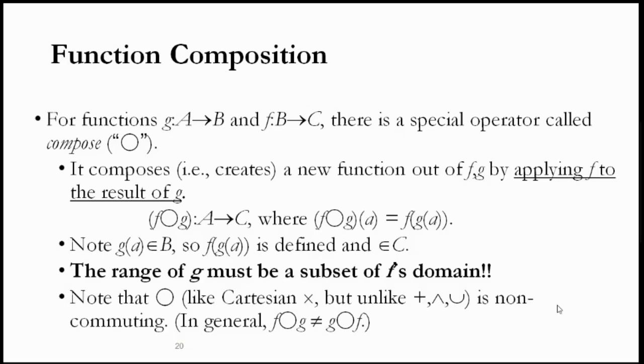Note that composition is like Cartesian product, but unlike plus, logical and, or union, it is non-commuting. In general, f composition g is not equal to g composition f. Reverse is not possible.